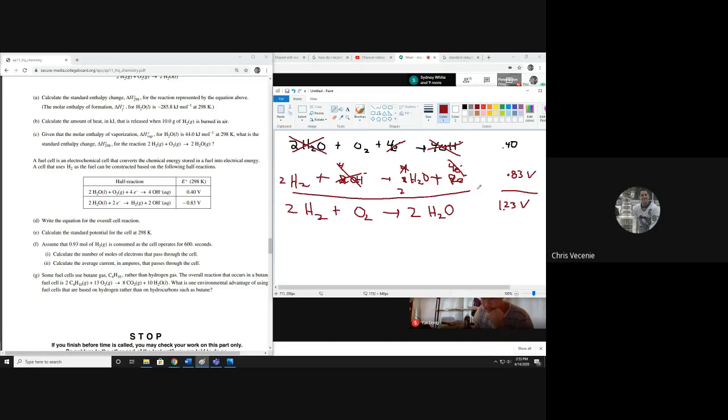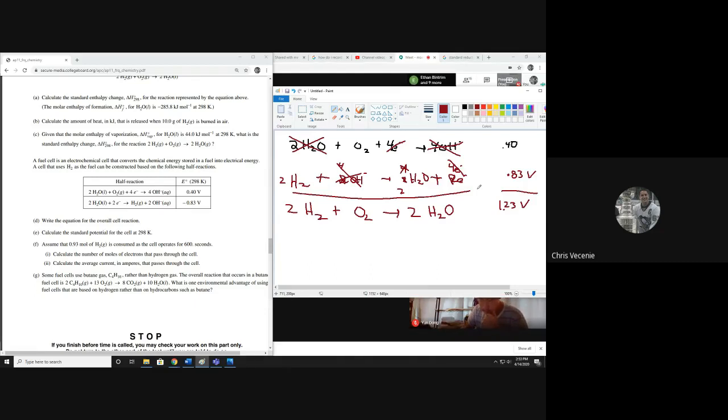So that right there is D and E. You guys did both, because as soon as we get that equation, we know the voltages. You just add them together, and that is what the standard potential for the cell is going to be. Questions on D or E?